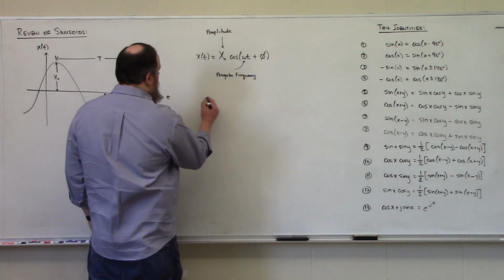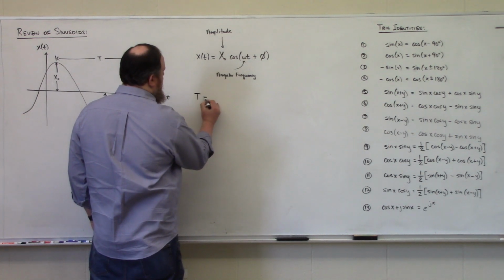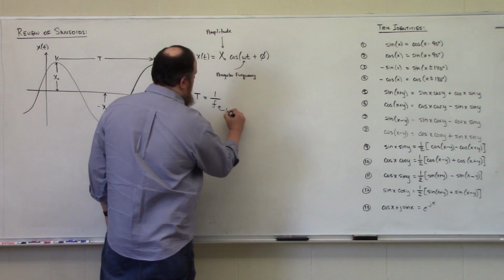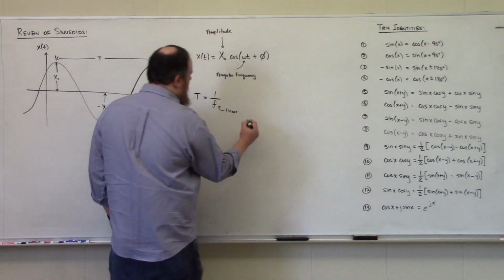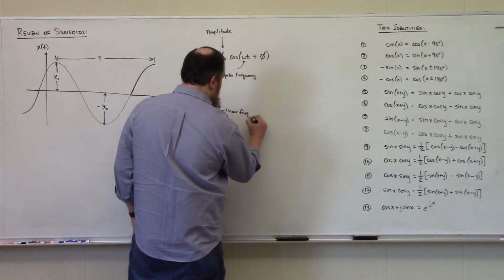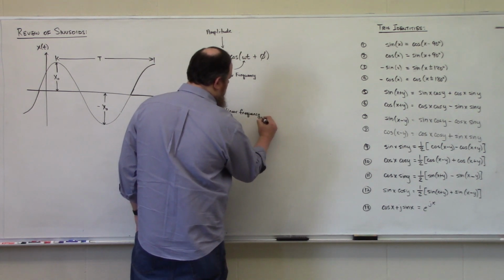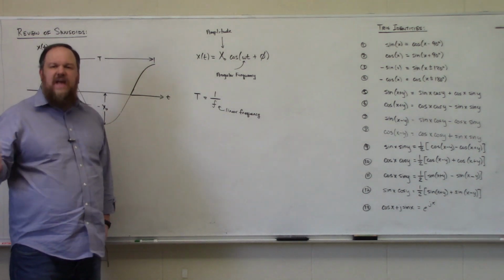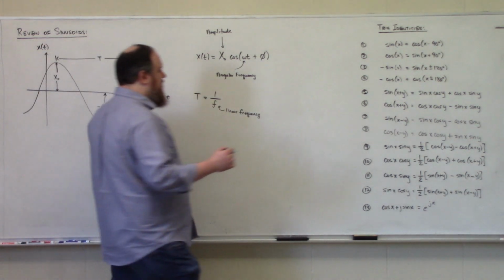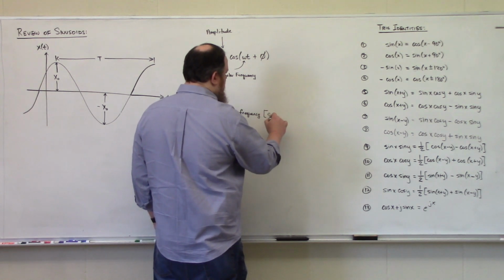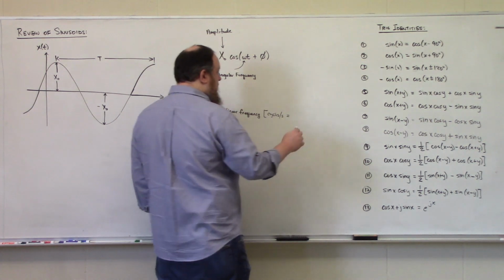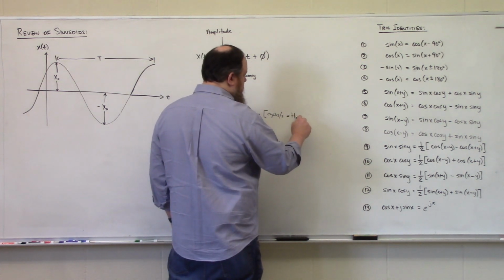Okay? So that relationship is t, the period, is equal to 1 over f, where f is the linear frequency. The linear frequency is simply a measure of how many cycles per second occur. So it has units of cycles per second, which is commonly called a hertz.